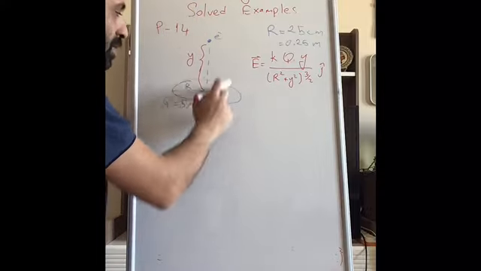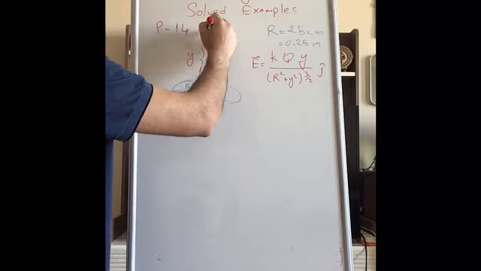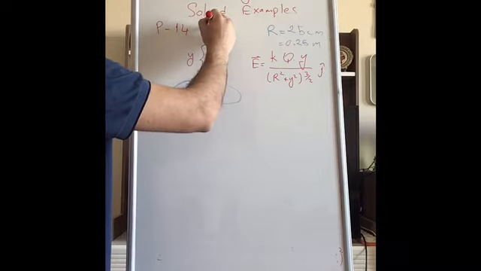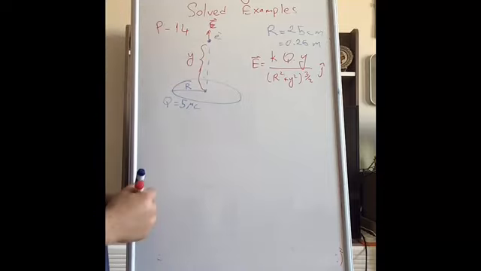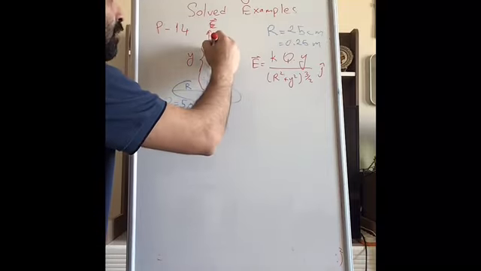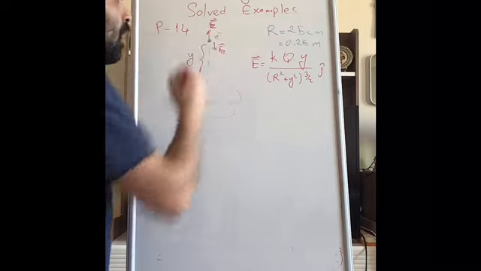So the electric field will be in this direction, upward, but since the electron has a negative charge, the force on the electron will be in the opposite direction.